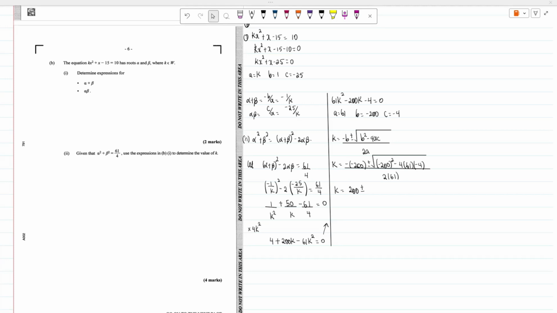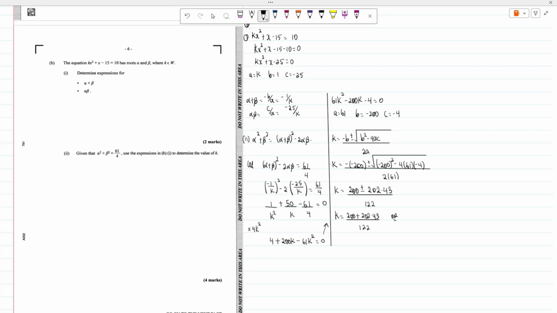And the square root of that number is 202.43, sorry. All over 61 by 2 is 122. So k is equal to 200 plus 202.43 over 122.